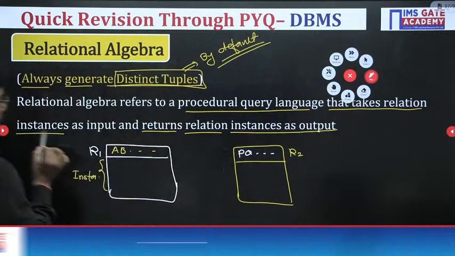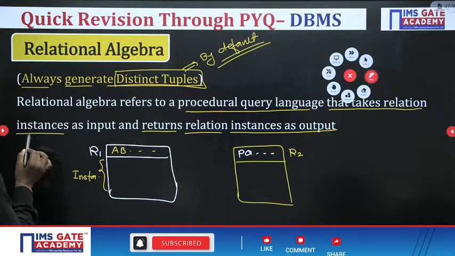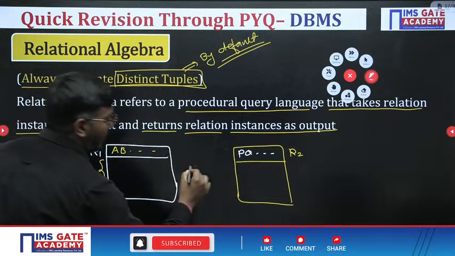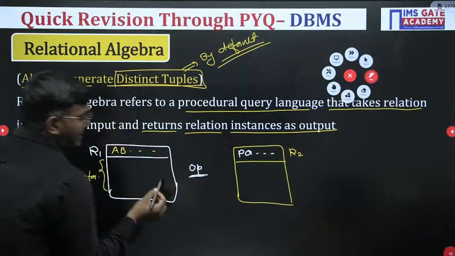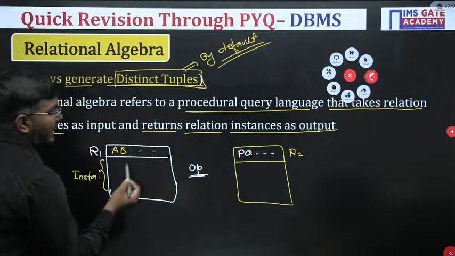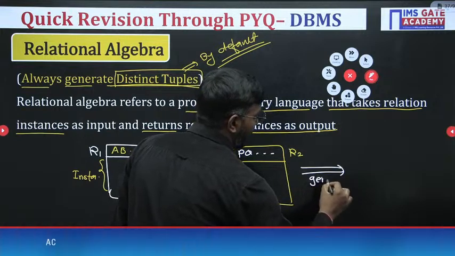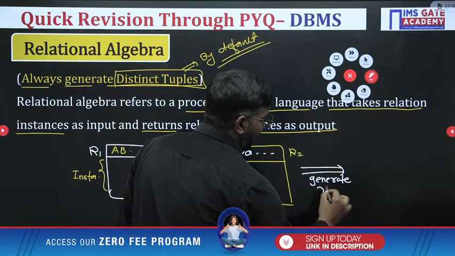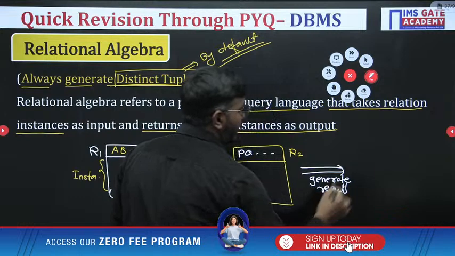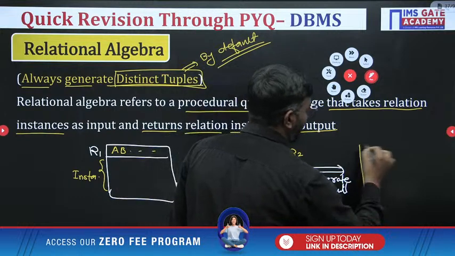This relational algebra will take instances as the input. Here we have some operator, and this operator will operate on the instances of the relations, and finally it will generate the result as an instance, output as one of the instances.